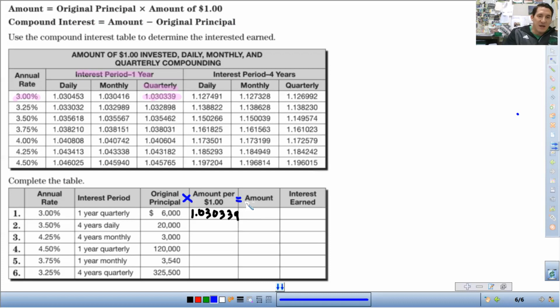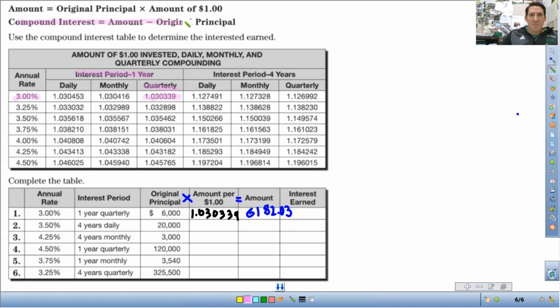Let me get a calculator, so 6,000 times 1.030339, it comes out to $6,182.03.